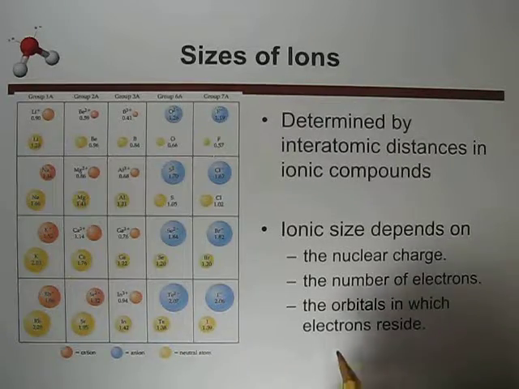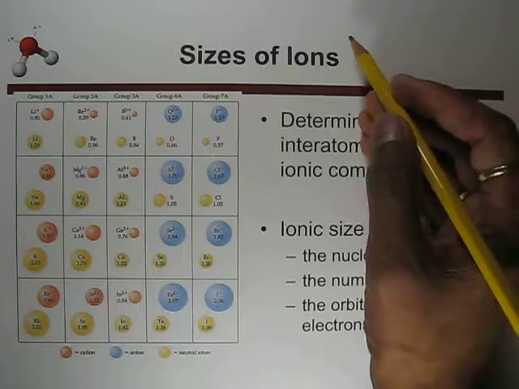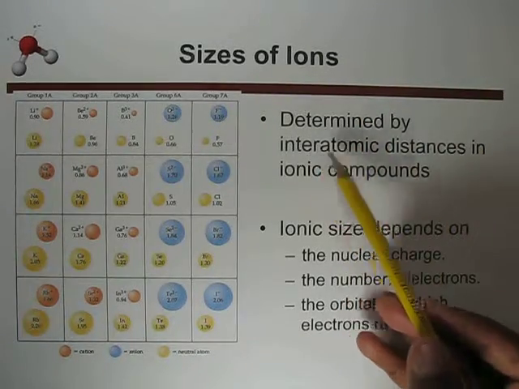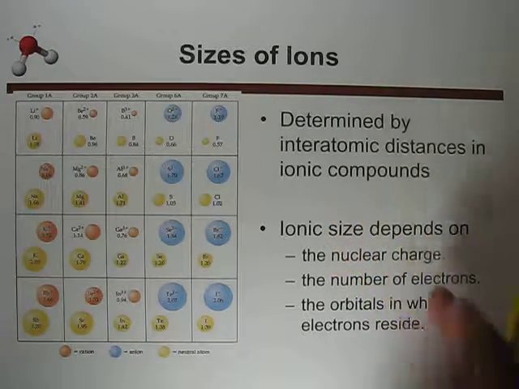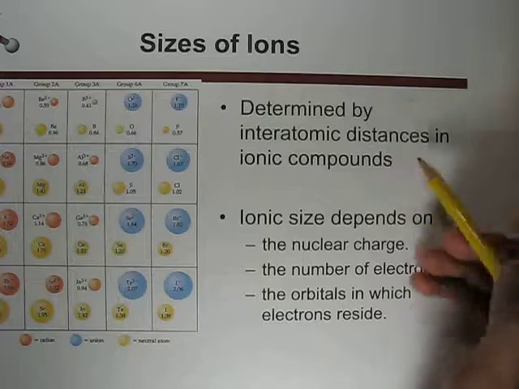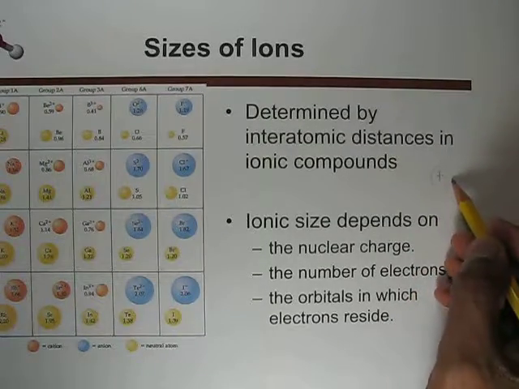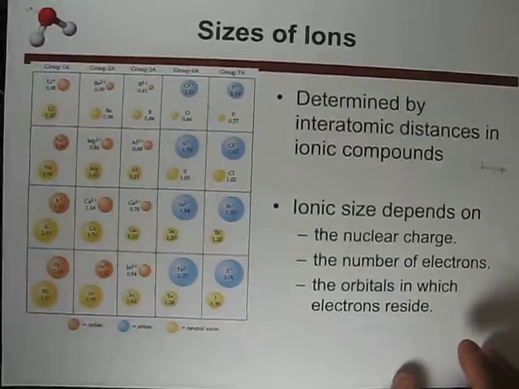So in this video we will study the size of ions. Ions means positive ions or negative ions, and size was determined by interatomic distance in an ionic compound. Interatomic distance means the distance between the two nuclei.